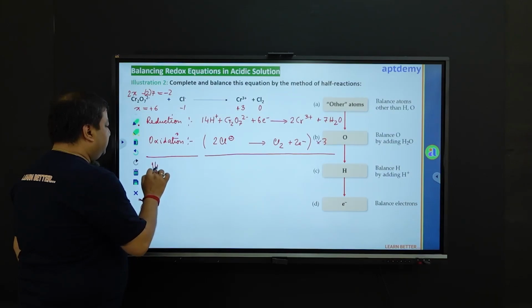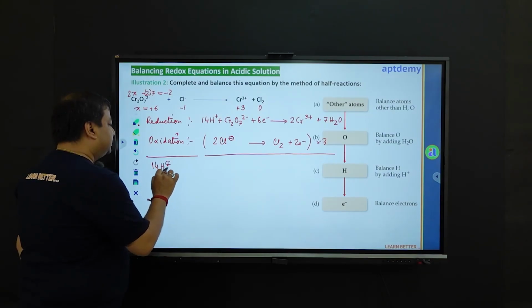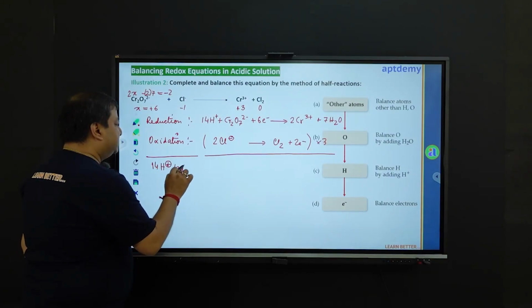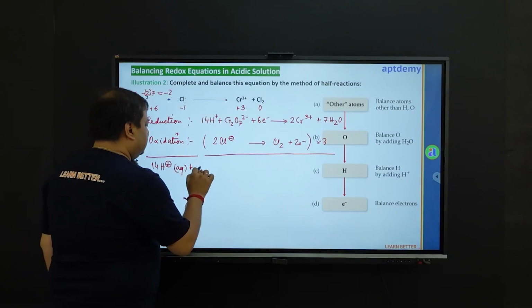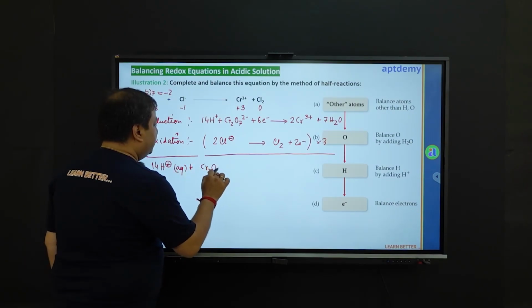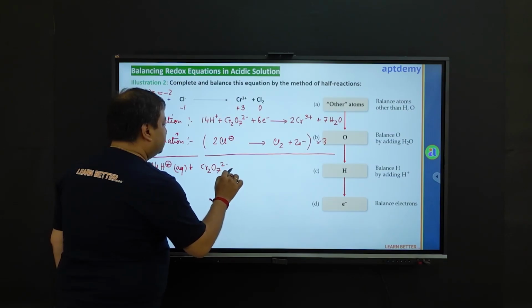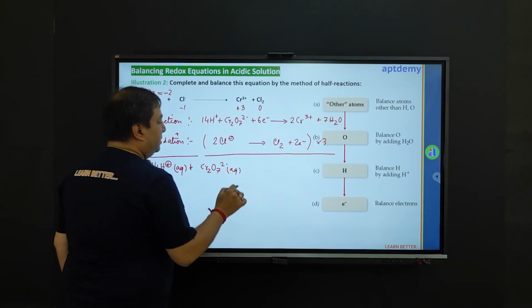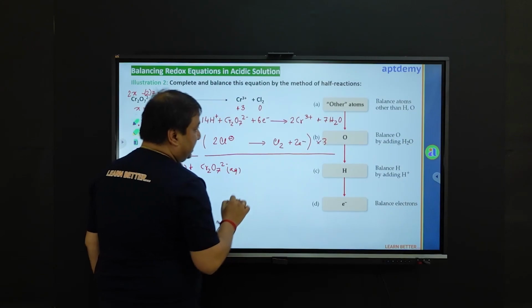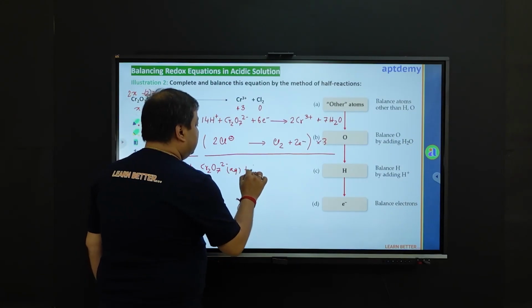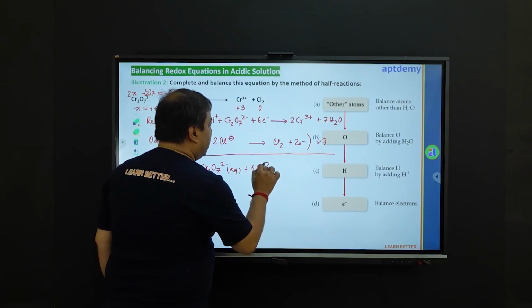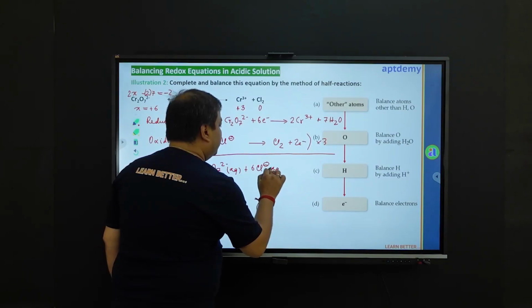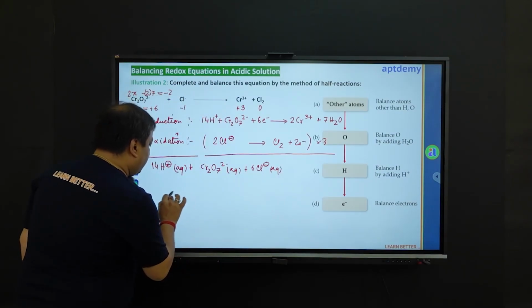there we would write 14H+ aqueous plus Cr2O7 2- aqueous, electrons are going to get cancelled, plus 6Cl- aqueous, arrowhead.